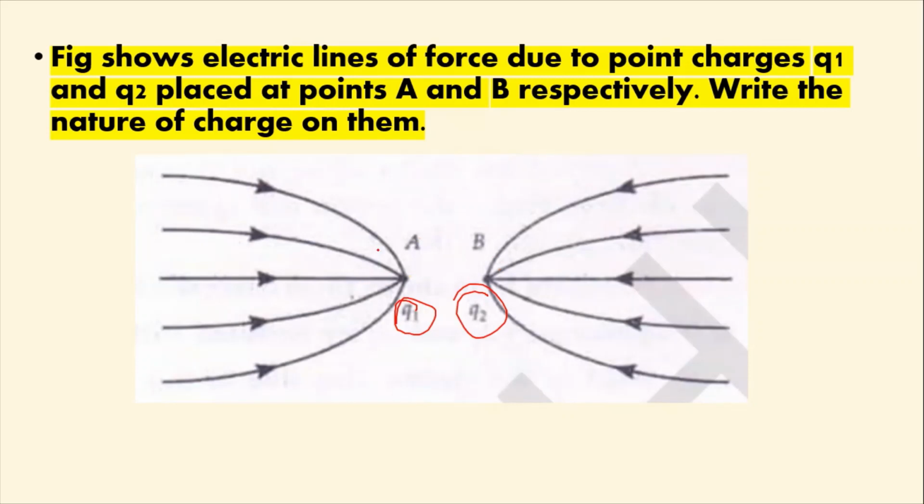As you can remember from the property, field lines move away from positive charge and move towards negative charge. Here you can see that the direction arrow is indicating inward direction. That means they are moving towards the negative charge. Q1 is negative. Similarly, Q2 also has field lines directed inwards, right? So Q2 is also negative. So Q1 and Q2 are negative.